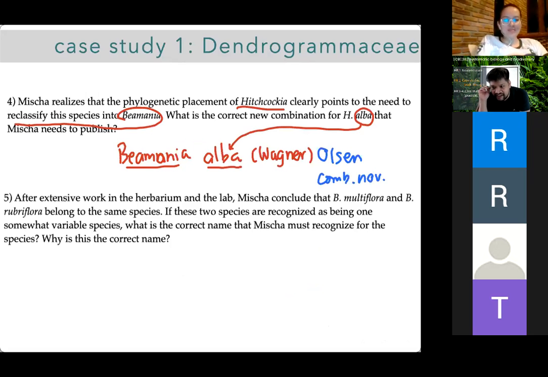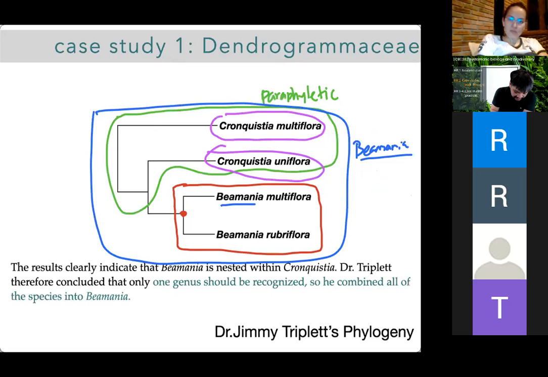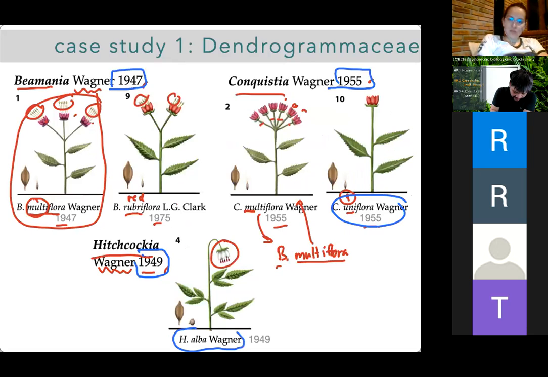So Tu was asking, is it now Wagner or Triplet? The person inside this refers to the person who came up with Alba, the owner of the base name here. If you look at the original name, it is Hitchcockia alba by Wagner in 1949.